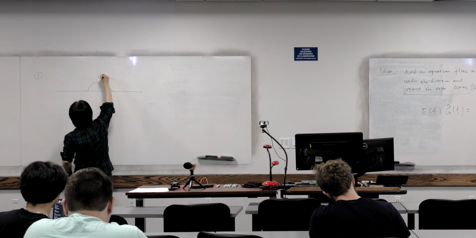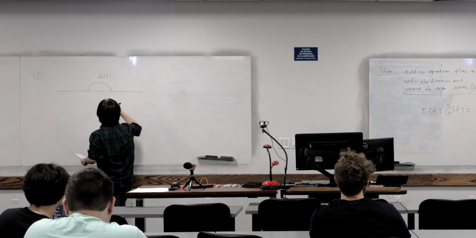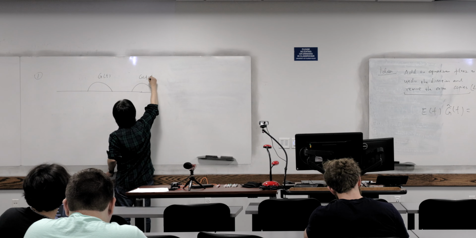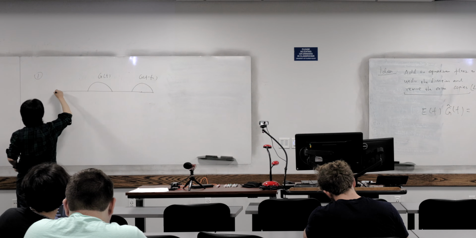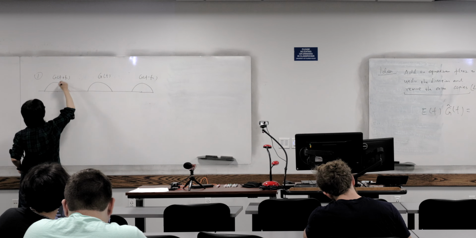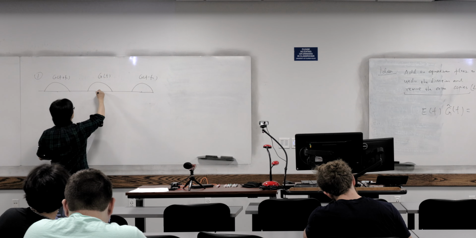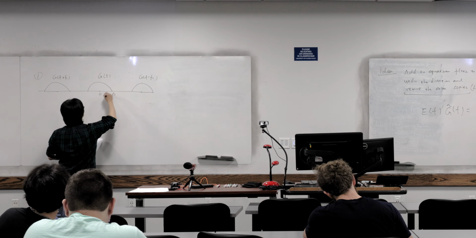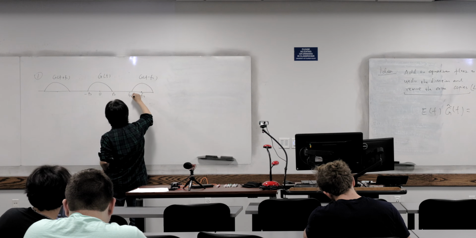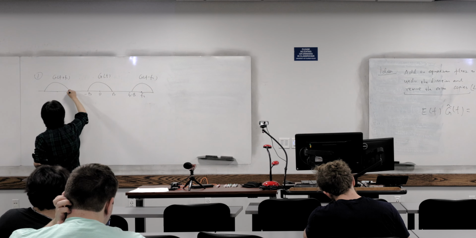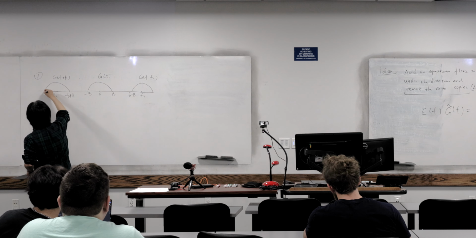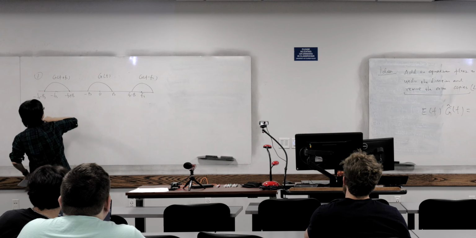Let's assume this is our G(f), this is our G(f minus fs), and this is our G(f plus fs). Let's assume our bandwidth here is B, and here is minus B. This will be fs, and here is fs minus B. This is minus fs plus B, and here is minus fs minus B.